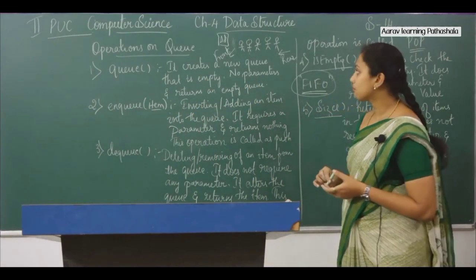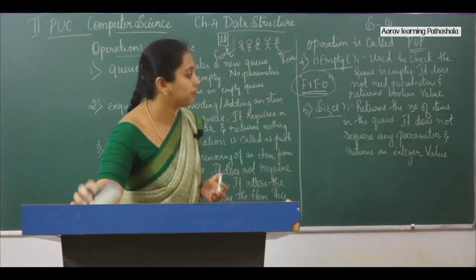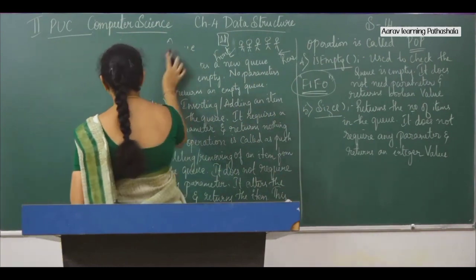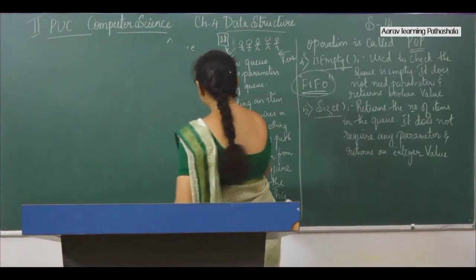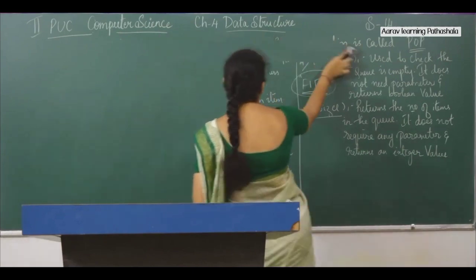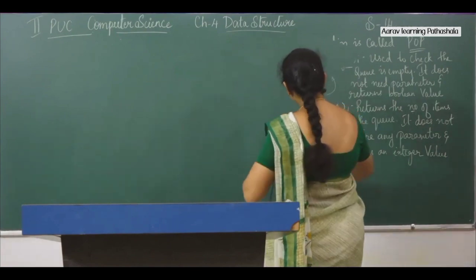Now let's see the different types of queues. The different types of queues are simple queue, priority queue, circular queue and double-ended queue.